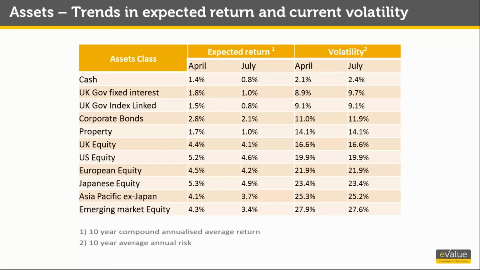Now, what that does is it moves out of UK equities into global equities. The primary reason for that is not that we are pessimistic on UK equities, but that it allows you to achieve a greater global diversification around those.